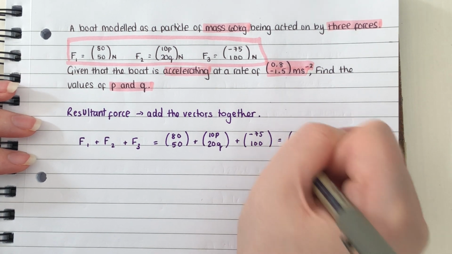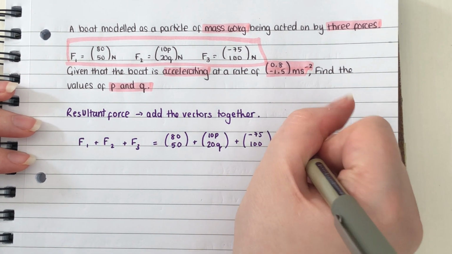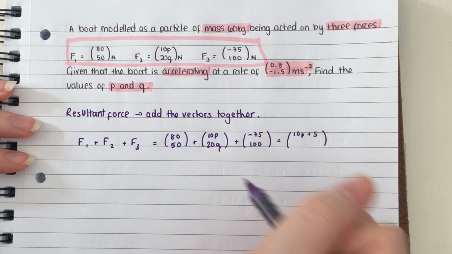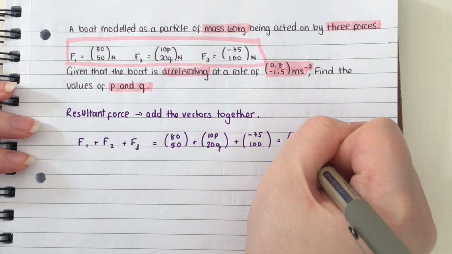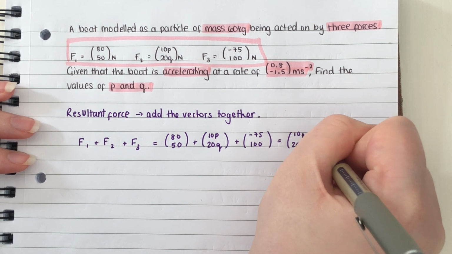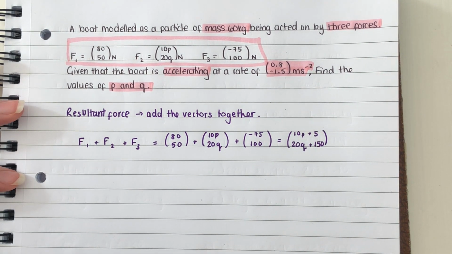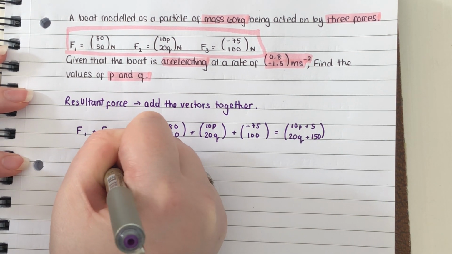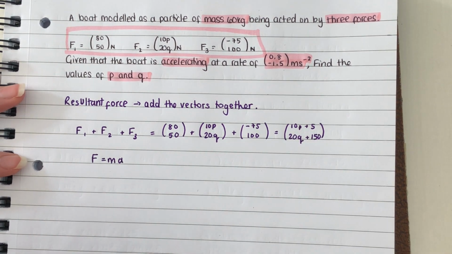With vectors, you just add all the tops together, so that's going to be 10p plus 5, and on the bottom, 20q plus 150.